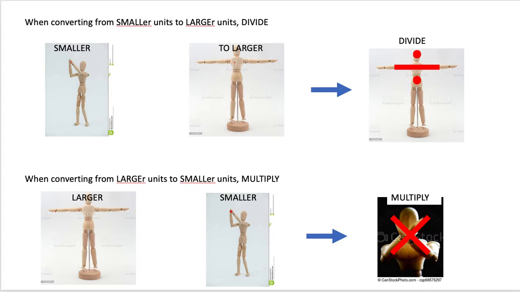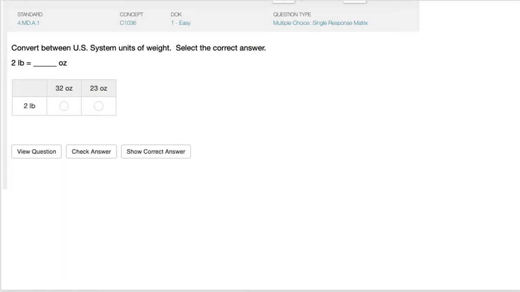Okay, if you've got all your notes down, we're going to go ahead and look at some practice problems now. Convert between U.S. system units of weight. Select the answer. 2 pounds equals how many ounces? Okay, so first of all, we know that pounds are bigger than ounces. So we're going from a bigger amount to a smaller amount. Put your hands out, bigger. Put your hands together, smaller.